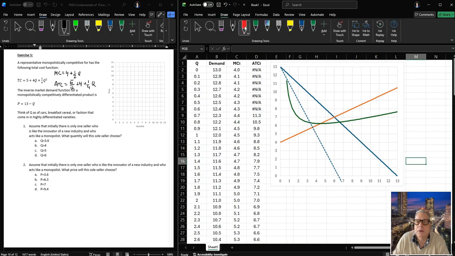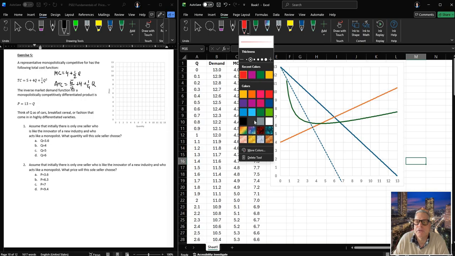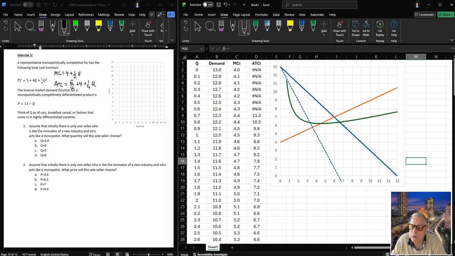Initially, that firm will choose the quantity where the marginal revenue intersects with the marginal cost, which is here. We don't really know what that value is, but then the monopolist, or the first one in that monopolistically competitive market, will choose this price.